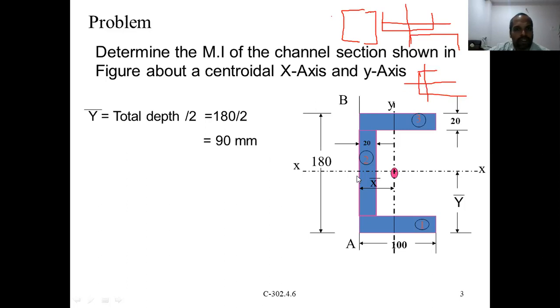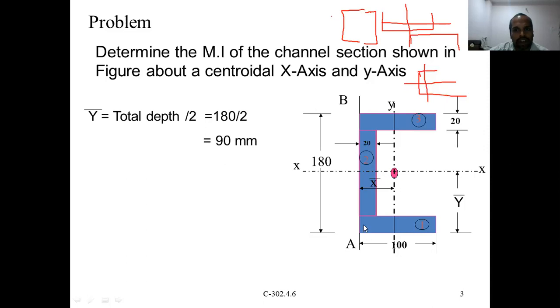But if it is unsymmetric, then you need to calculate the centroids the way we have learned previously. That is the first step. Next comes the moment of inertia. So this consists of two parts: centroid calculation and moment of inertia.